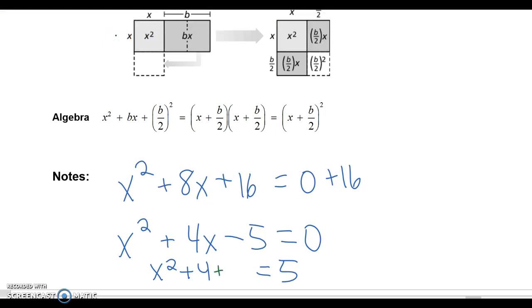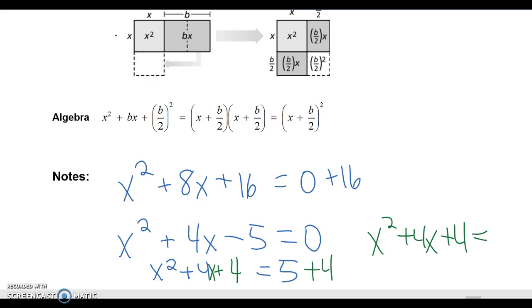So 4 divided by 2 is 2, and then square it. So it's 4, and I would add 4 to this side, so I'd have x squared plus 4x plus 4 equals 9. And then you could rewrite it as x plus 2 all squared equals 9.